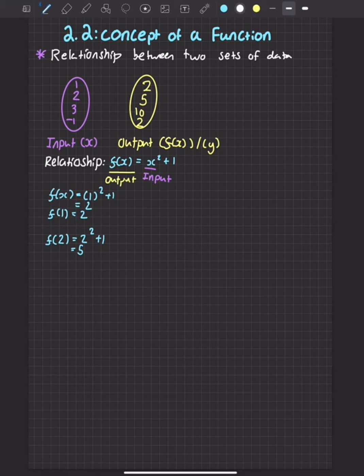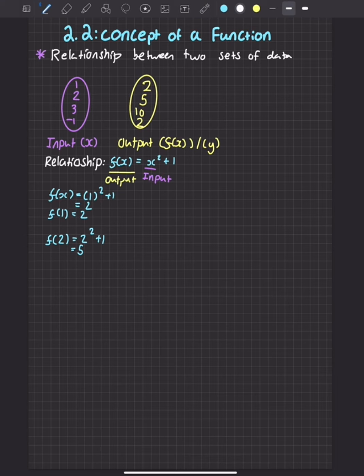And here you'll realize the main feature of a function, and that is each input value only has one output value. So the function of 1 will only give you one answer. Function of 2 will only give you one answer. Function of 3 will only give you one answer. However, you may get the same answer more than once.